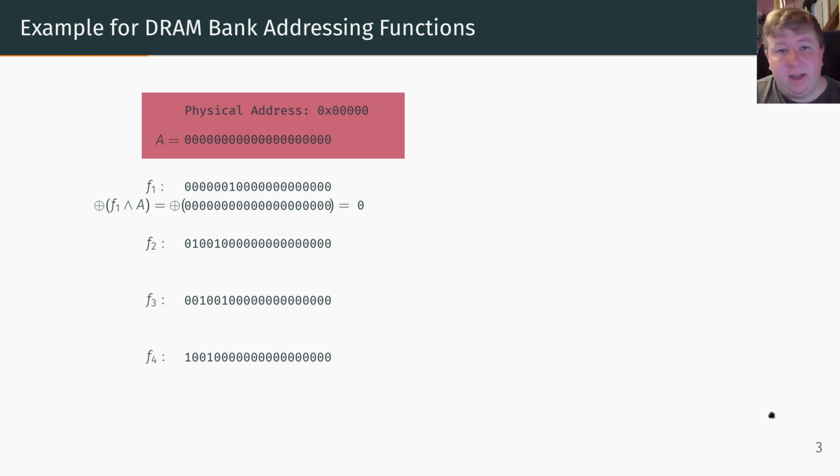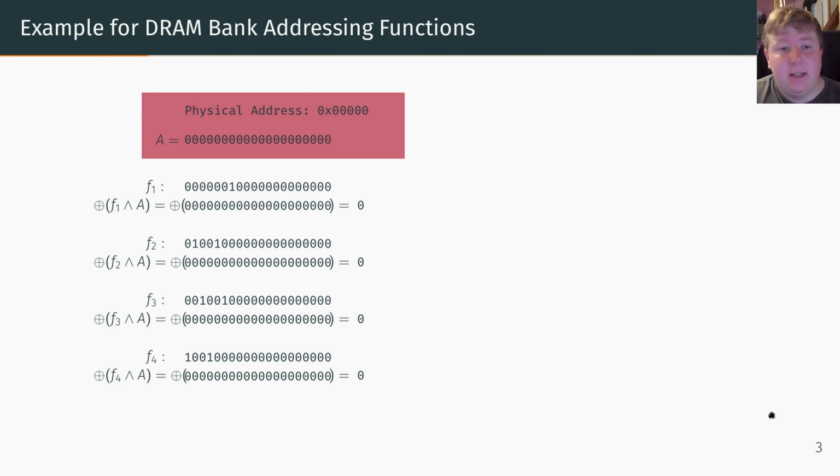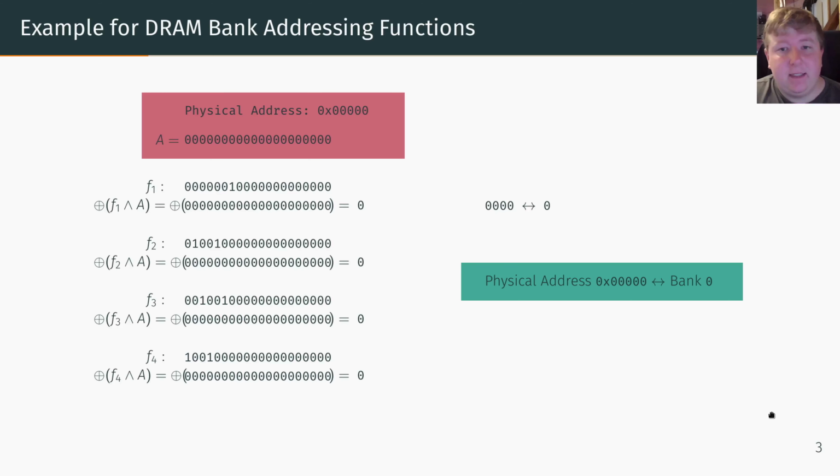So for the first function, the result would be all zeros, and an XOR over all zeros would be 0 in the end. We repeat this for the other address functions, and as you can see, it's always 0 as a result. Now we just take the result bits and put them all together. It would be binary 0, 0, 0, 0, which would be 0 in the end.